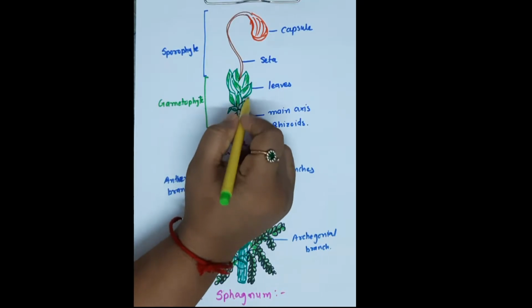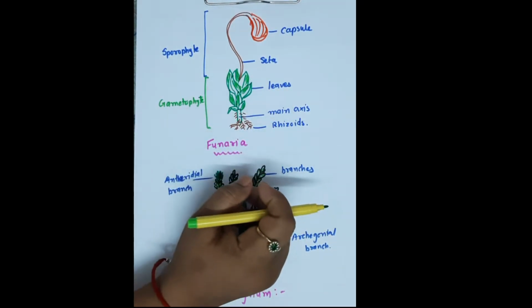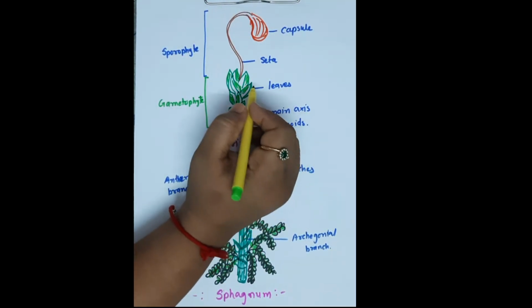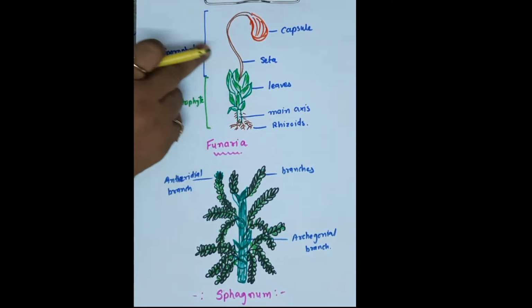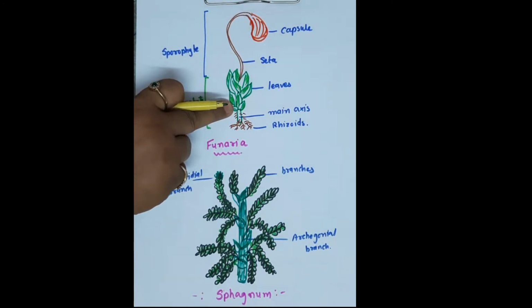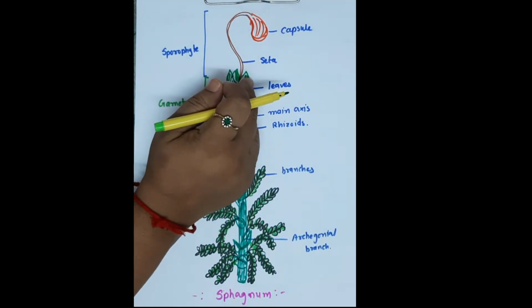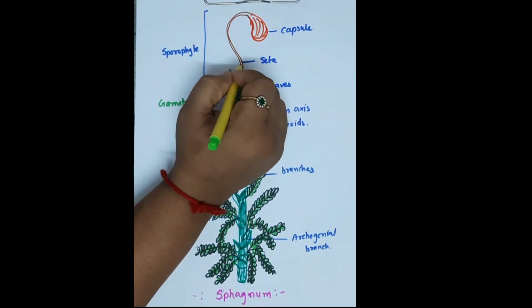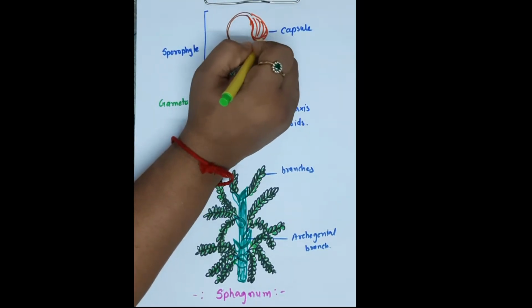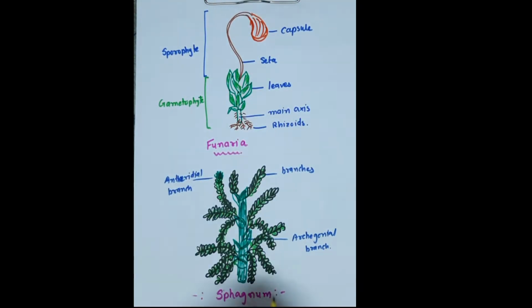So this is the leafy stage, and this is the gametophyte. These are leaves. And here is the sporophyte, which depends on the gametophyte. This sporophyte possesses the seta, a stalk-like seta, and this is the capsule.